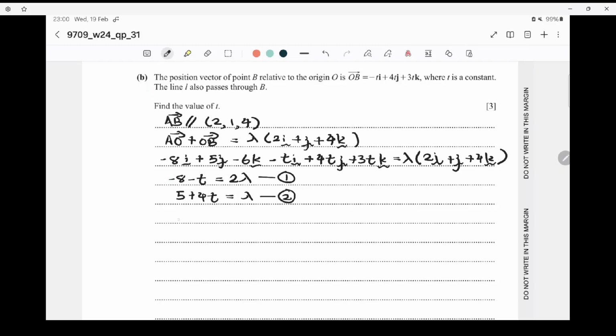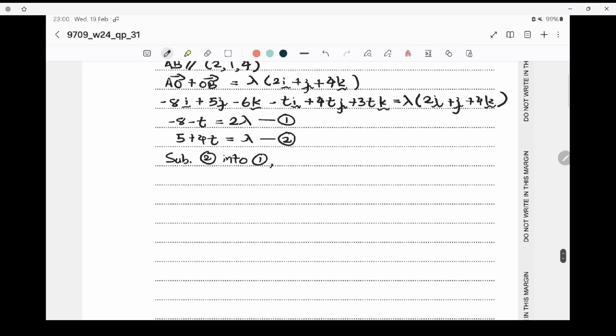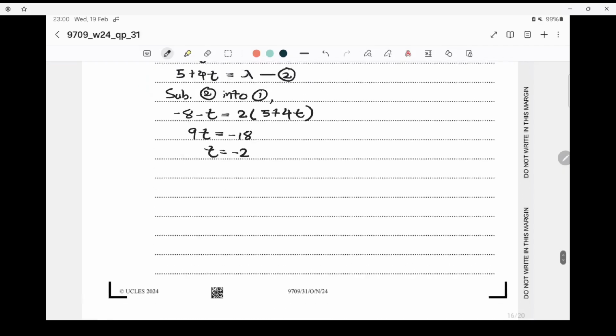So substituting equation 2 into 1, you have minus 8 minus t equals 2 times 5 plus 4t. So you can simplify everything to get 9t equals minus 18, or t is minus 2. That's it.